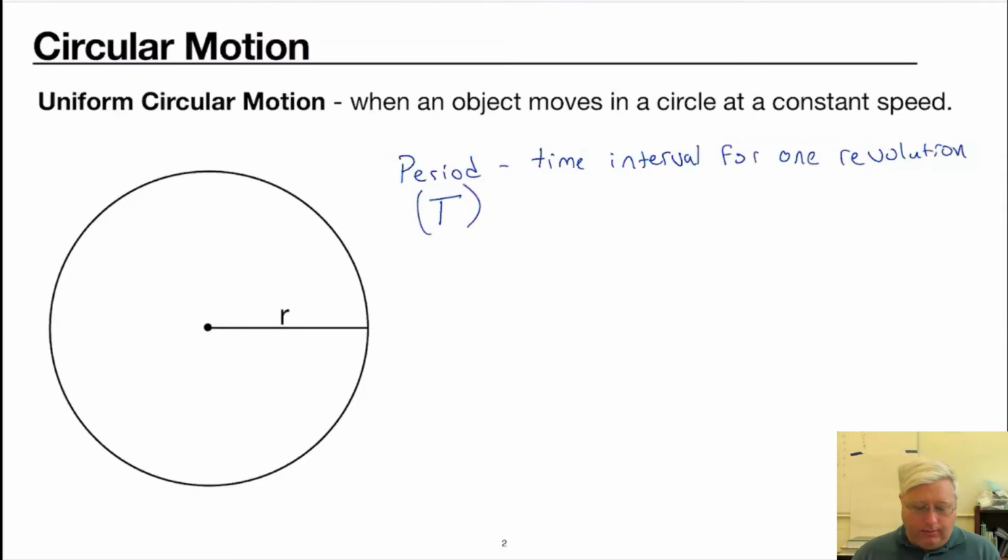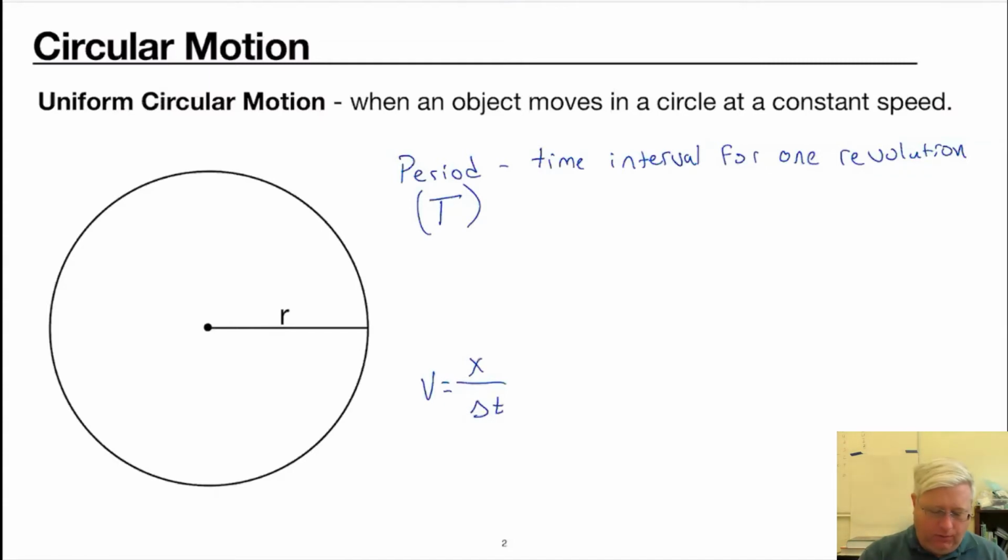Okay, and so we know that velocity is the distance traveled, which we called x, over the time interval. So what is the distance traveled if an object moves in a circle?